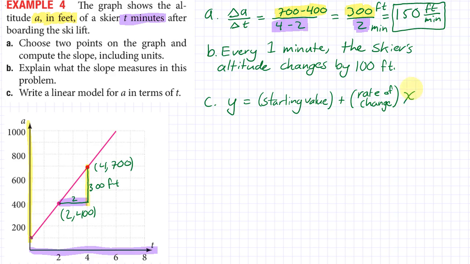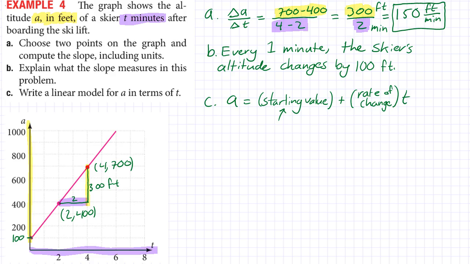Of course, in our case, that x is really t and the y is really A. And the starting value for us looks like the y coordinate of that point, meaning at t equals 0.